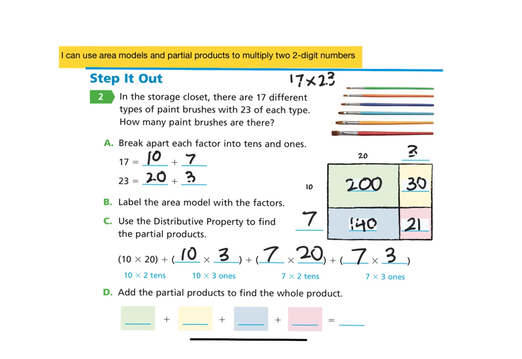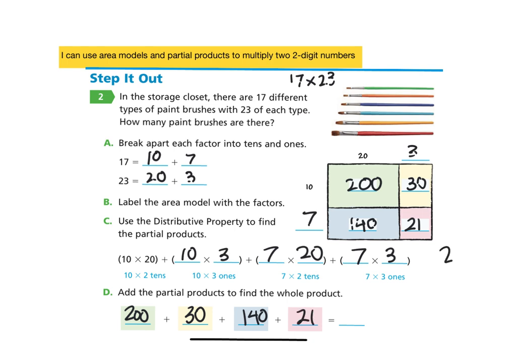Remember, partial products means a part of the overall product. All of this together is the overall product. Each individual rectangle is a partial product. So our 10 times 20 was 200, and we're going to add that to 30, add that to 140, and add that to 21.